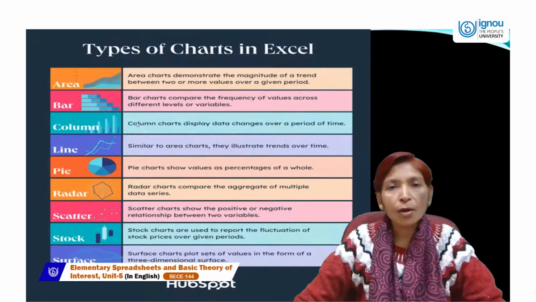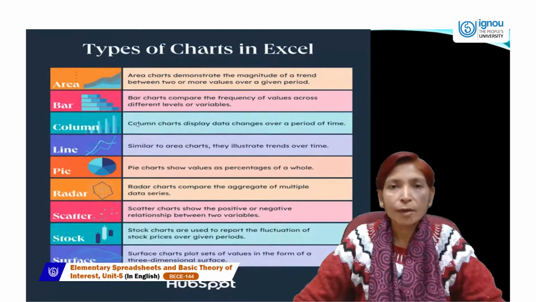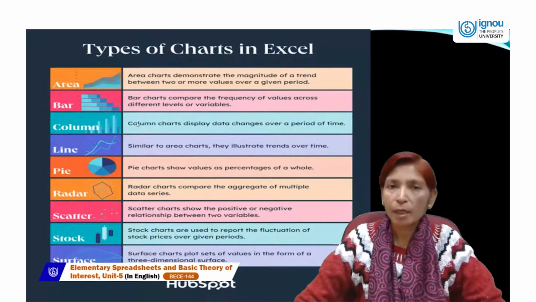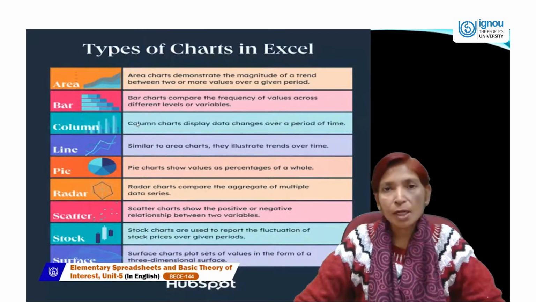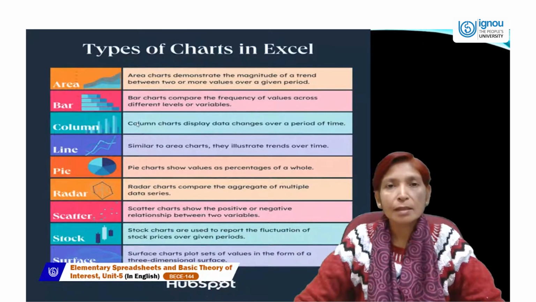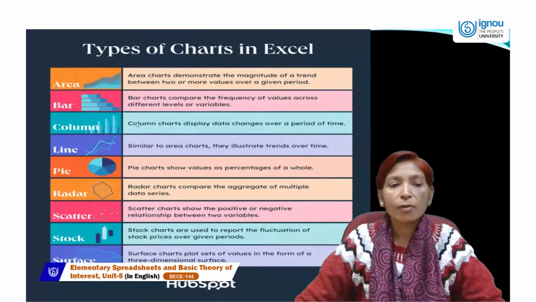And if we can't draw any type of line, either upward or downward, then we will say that there is no relationship between two variables. So scatter chart is a very important thing to express the relationship between two variables with the help of graph.